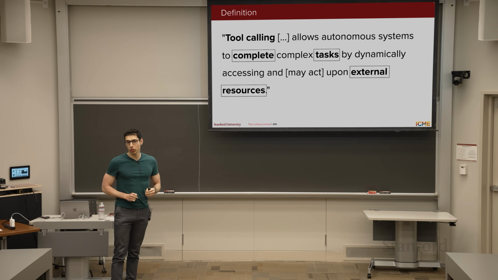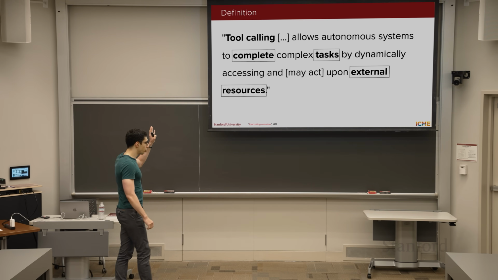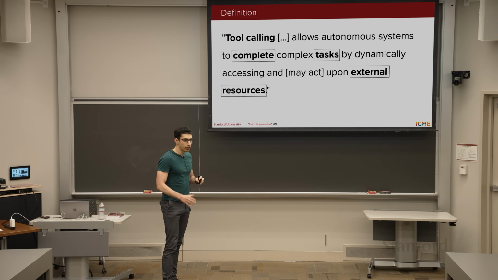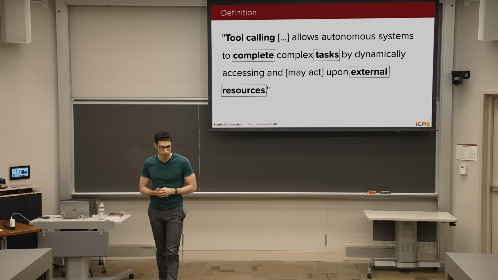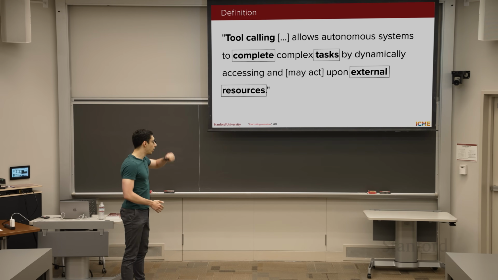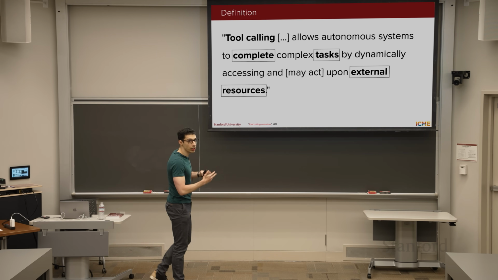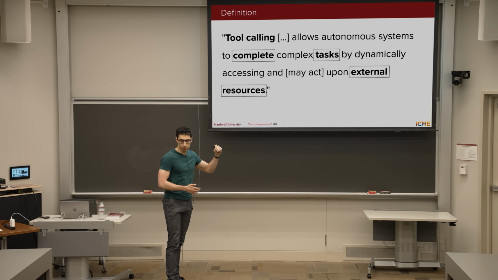The things that I want you to get from that are two things. First, you have the notion of completing some task. You're given an input and you have to complete some task. And then the reliance potentially on external resources.